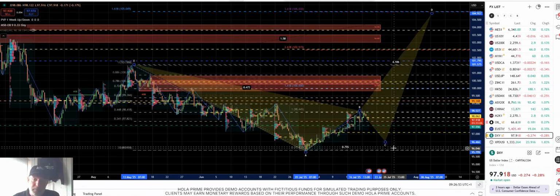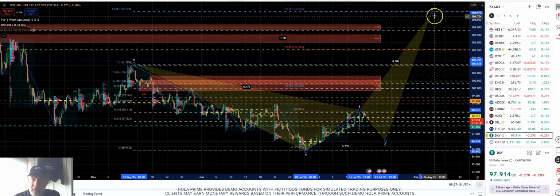Most cipher pattern analysts using this formula will try and trade either the CD leg to the upside, which will bring us on to sterling dollar, or they'll trade the completion of the pattern.